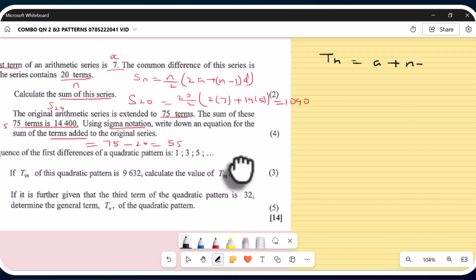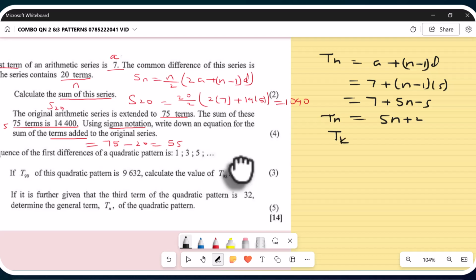Our first term is 7, plus (n minus 1) times the common difference, which is 5. So 7 plus 5n minus 5 gives us 5n plus 2. I don't want to confuse Tn, so I'll use Tk: 5k plus 2.